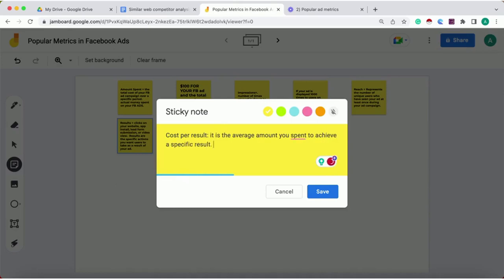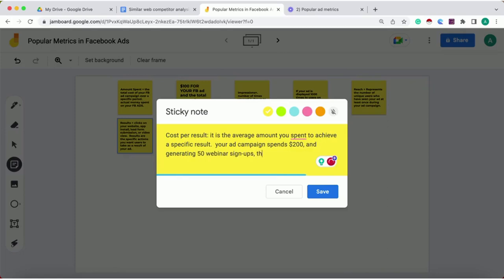Now suppose you are running an ad and your ad campaign spends $200. By spending this you are generating say 50 signups, 50 webinar signups.